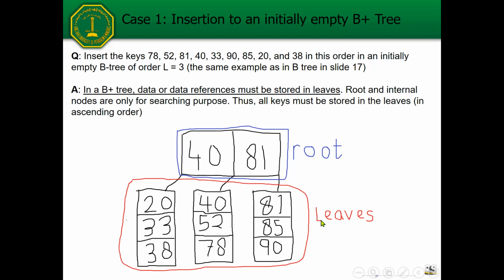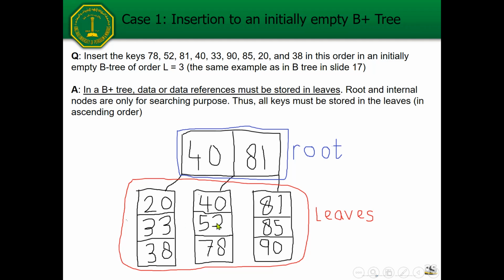Now everyone, as you can see, the most important thing in the B plus tree is only the leaf. The information is only in the leaf. After you insert all that information into the leaf, then you can define the upper part, which is either the internal nodes or the root, to point to that leaf. Then the information about the keys of that internal or root node can be drawn from the leaf. For example, to make the example simple, we just draw one root node that will point to the leaves.